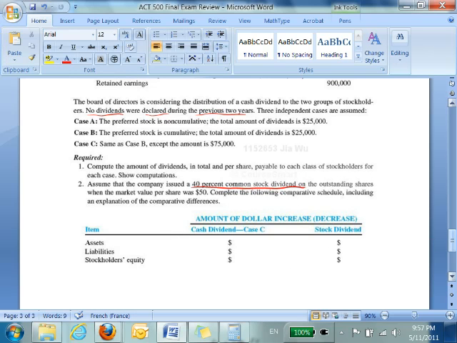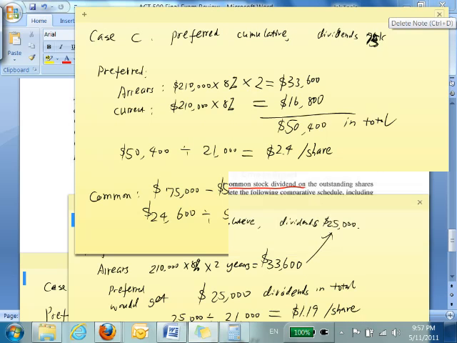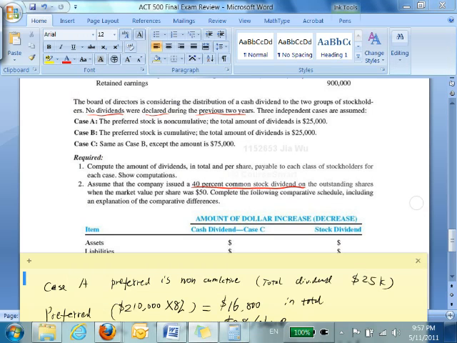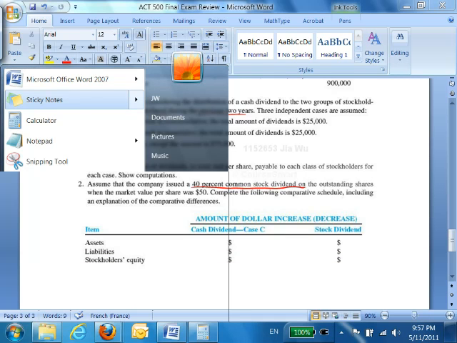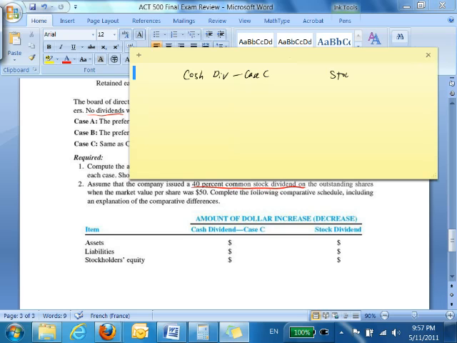So let's see the cash dividend, case C, and the stock dividend.